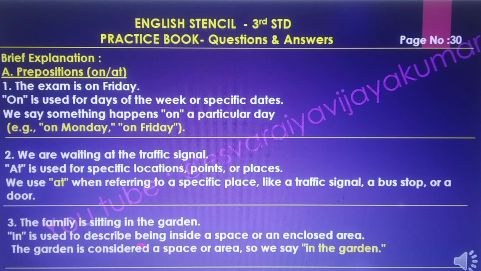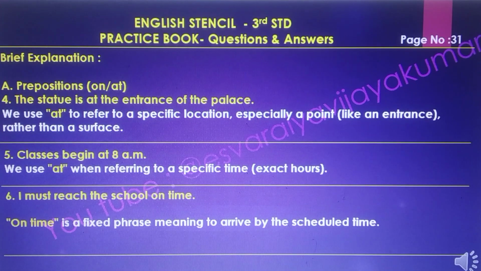In is used to describe being inside a space or an enclosed area. The garden is considered a space or area. We say in the garden. Fourth one, the statue is at the entrance of the palace.